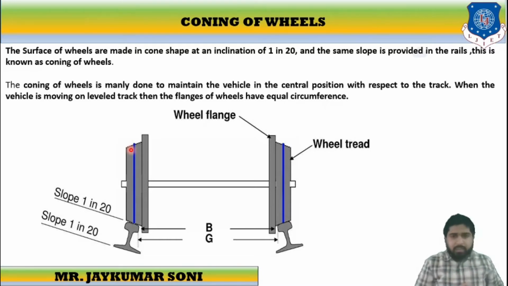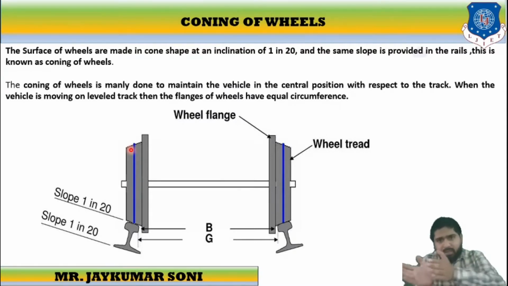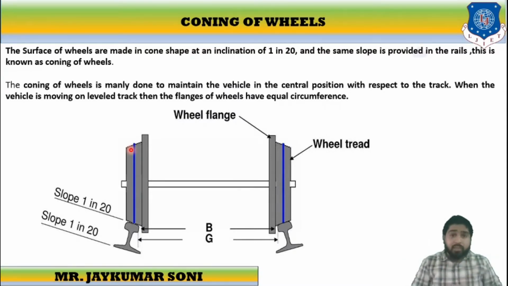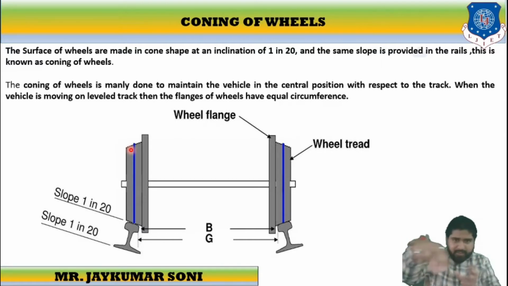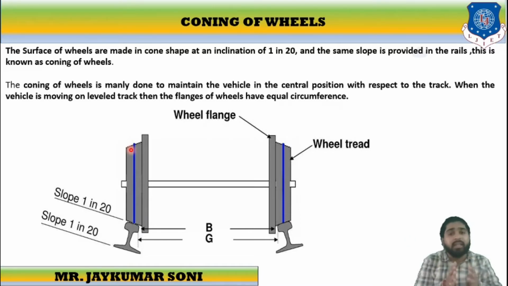Now what I am trying to say is you have observed that the tracks are moving in a number of directions. So whenever the tracks are moving in a direction like this, if the wheels are kept flat, then they will experience creep and there are chances that the wheels can get displaced from the rails and get outside of the rails.